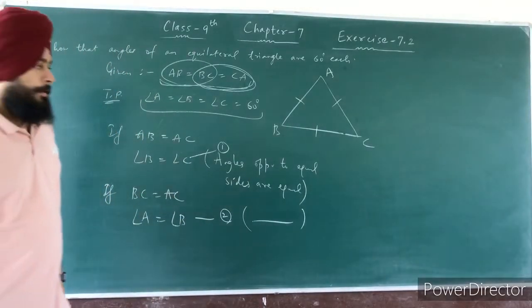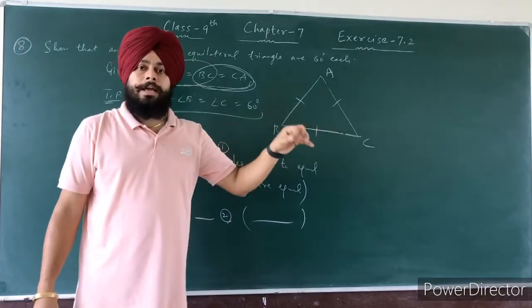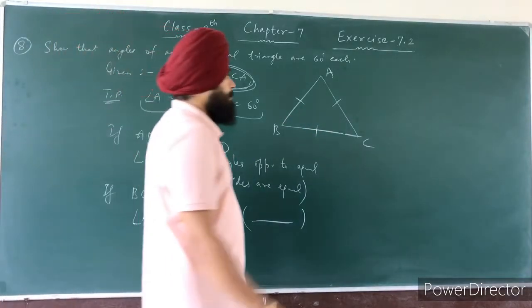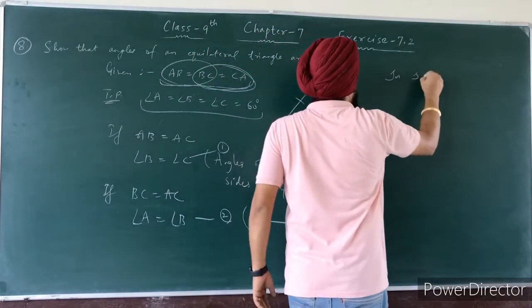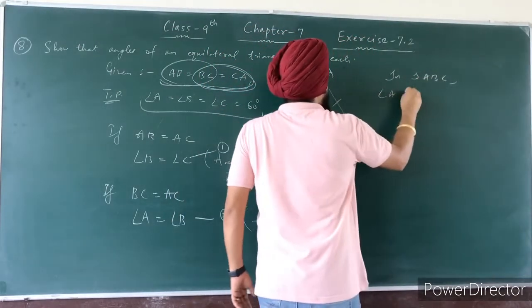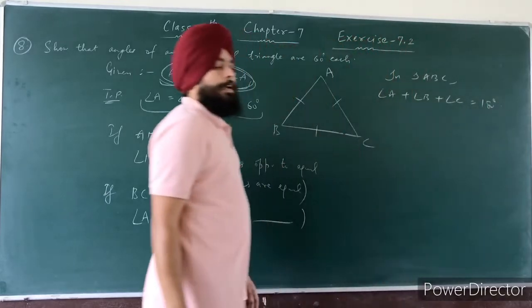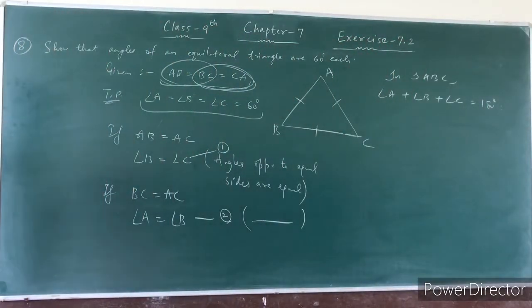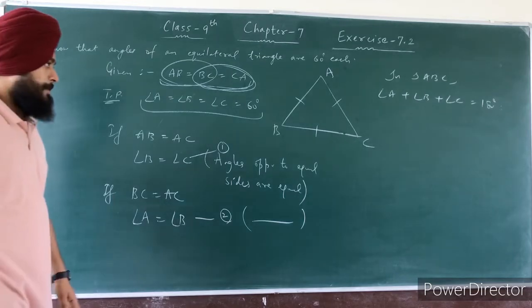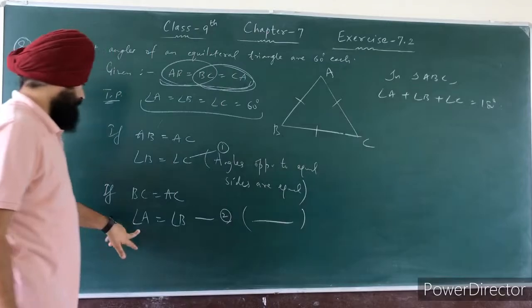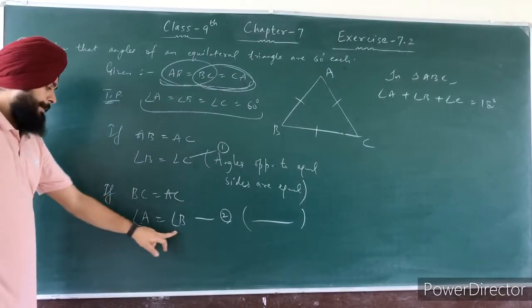Now we know that in a triangle the sum of all angles of a triangle is 180 degrees. So you can write here in triangle ABC, angle A plus angle B plus angle C equal to 180 degrees measure. Now next you can write this angle A as angle B. So angle A and angle B, लिख सकते हैं?